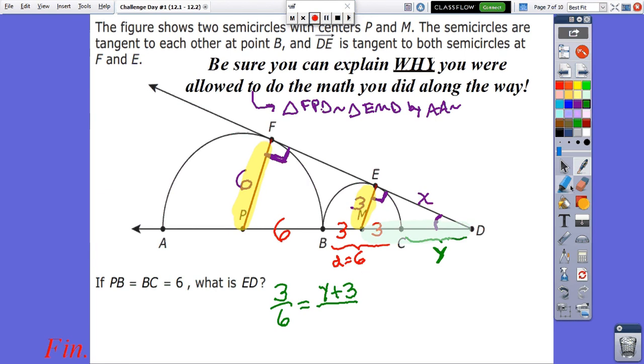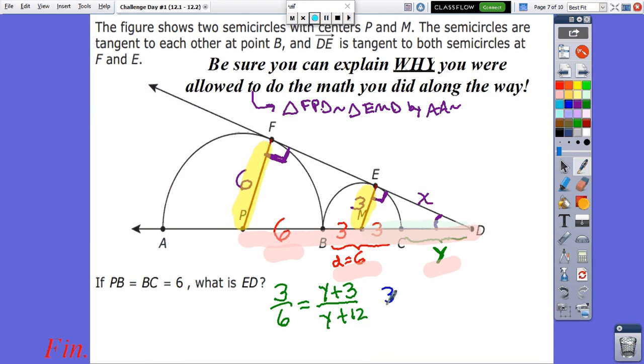And then what is the hypotenuse of the bigger right triangle? Well, it's this 6, and really this 3 and 3, which together make a 6, and this y. So y plus 6 is y plus 12. And so now, when we cross multiply and solve here, we're going to have to distribute the 3 to the y plus 12, and we're going to have to distribute the 6 to the y plus 3.